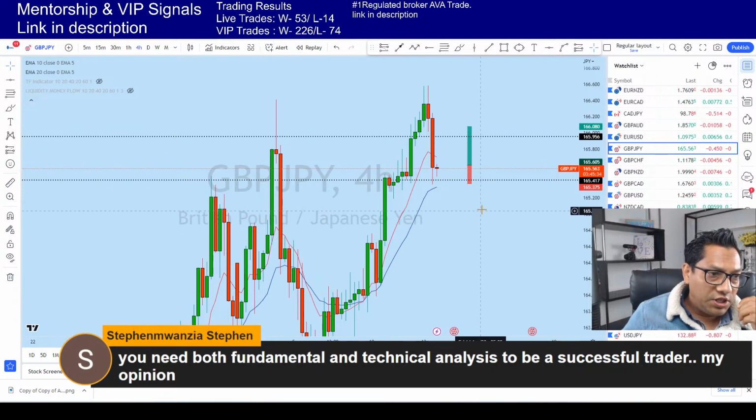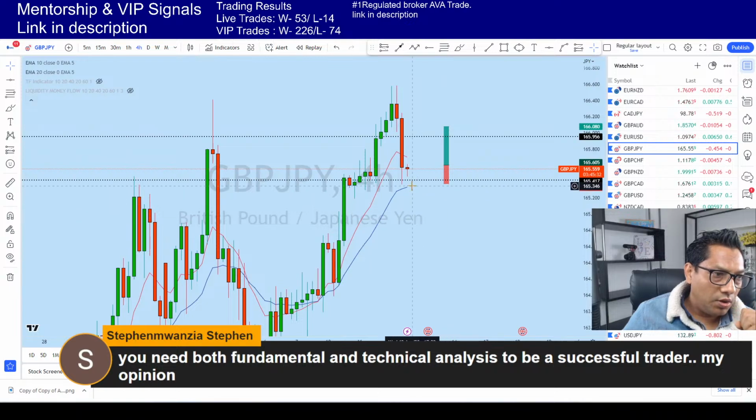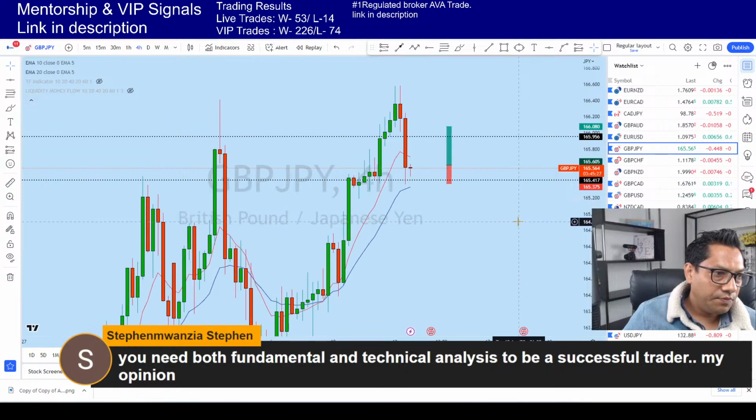Yeah, I think GJ, the way it is doing after testing this 20 MA, we could see another bounce to the upside.